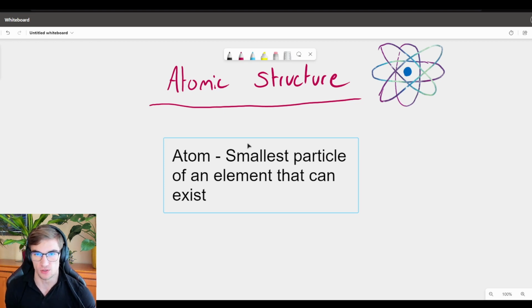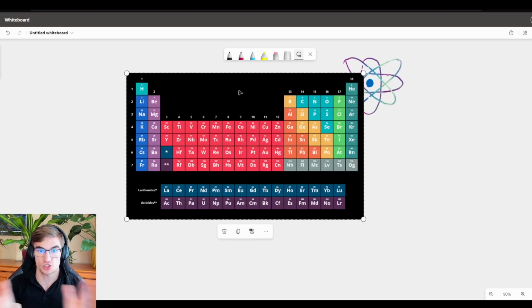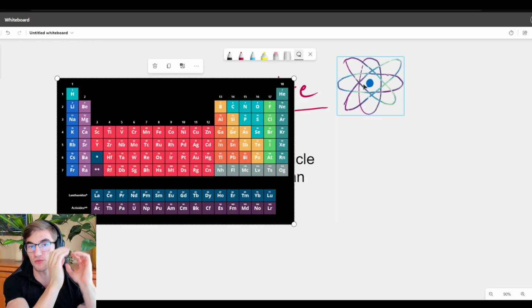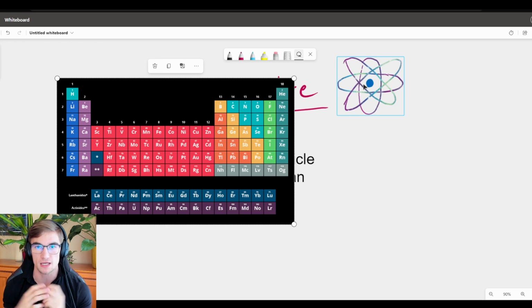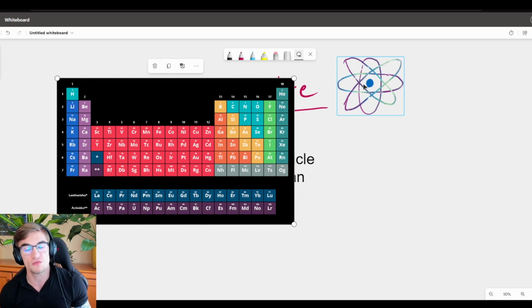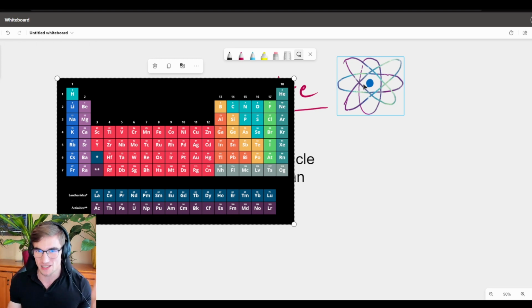Now, what's an element? This is a periodic table and it shows us all of the elements. Every element is just a different type of atom. You can think of it as Lego blocks. So basically, an atom is a Lego block. And when you build Lego, there are a lot of different kinds of blocks. You have red blocks, long blocks, short blocks, Minecraft blocks, and you can think of elements that way.